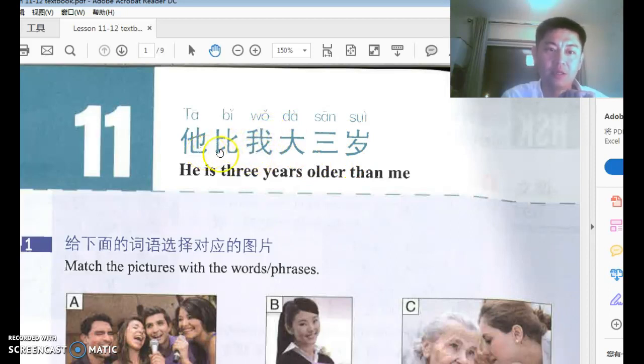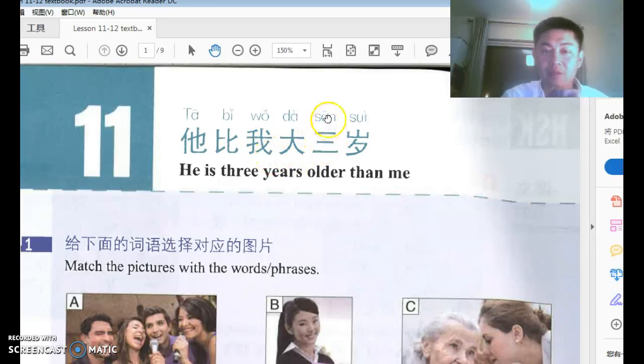For example, 他比我大. He is bigger or older than I. 他比我好. He's better than I. 你比我小. You are smaller or younger than I, right?